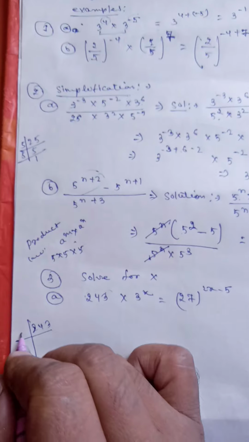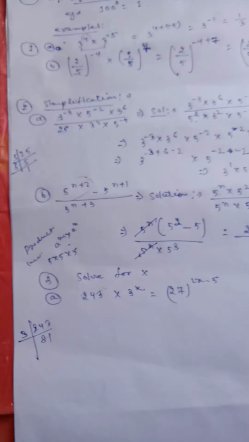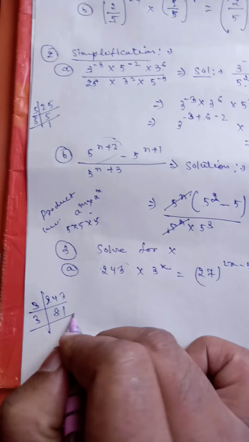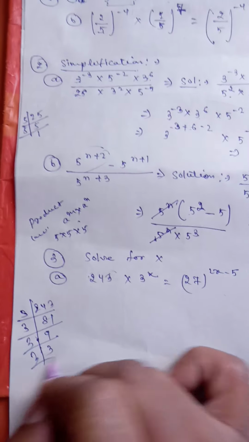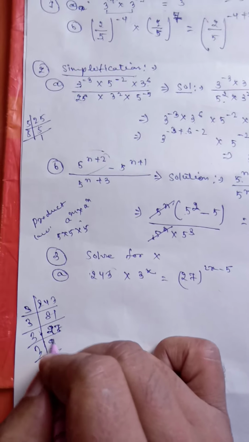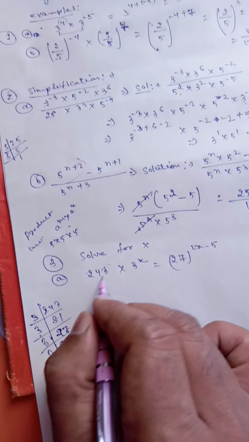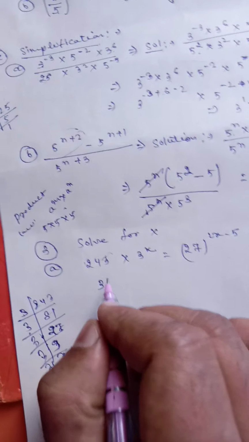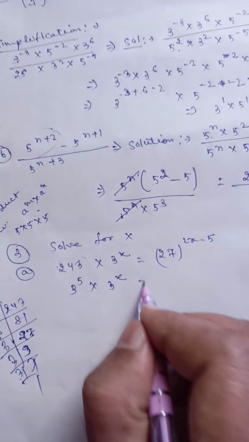This number is divisible by 3. When you divide this number by 3, you get 81. Again 81 is divisible by 3: 27, 9, 3, 3, 1. Count 1, 2, 3, 4, 5. So you write 243 as 3 raised to power 5 into 3 raised to power x is equal to, you just factorize 27.